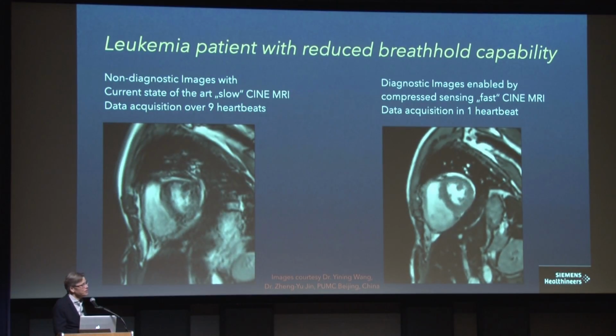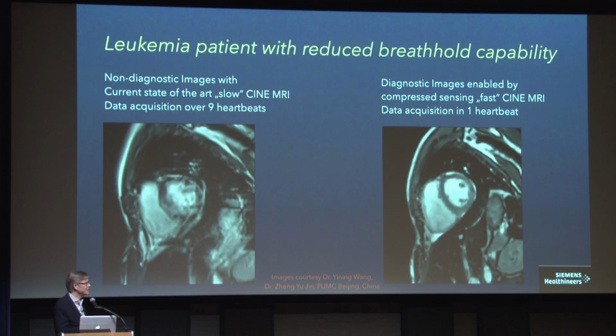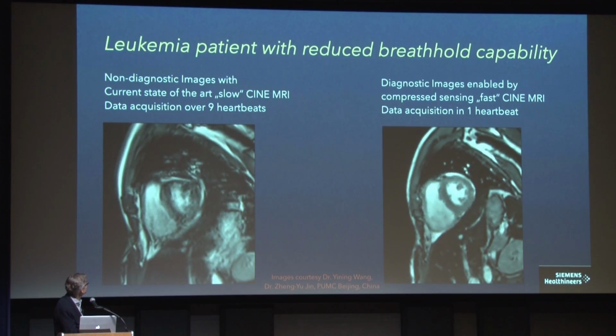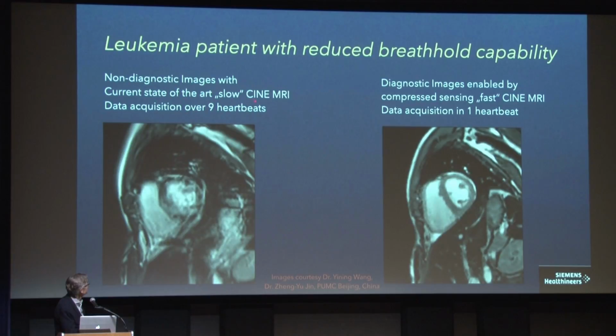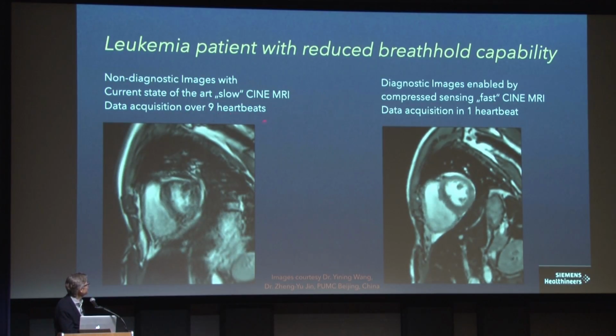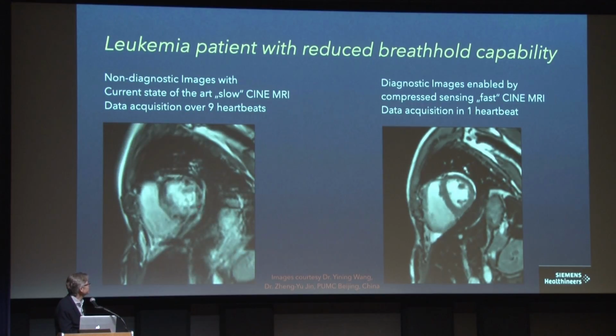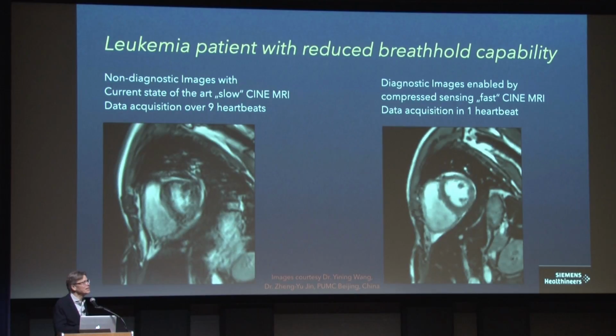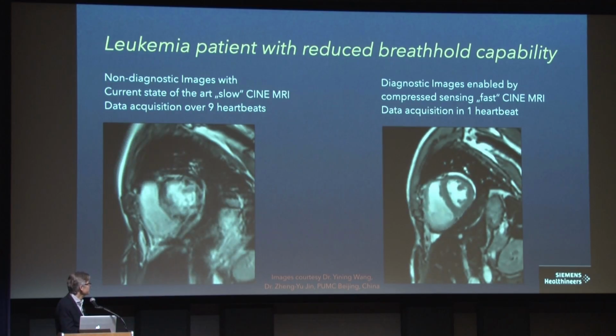Siemens also has a number of cutting-edge applications that are not yet to market. Here's an example where they're doing traditional slow cine MRI of the heart, gathering data over 9 heartbeats. You see blurriness because if you have to go over multiple heartbeats and combine, there's the possibility of blurring.